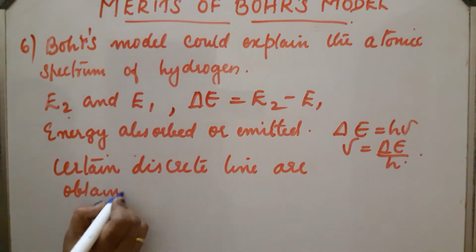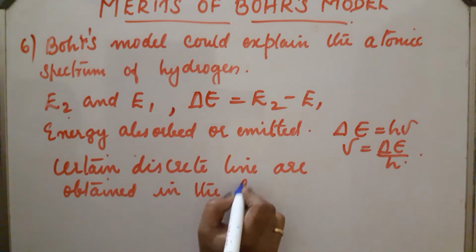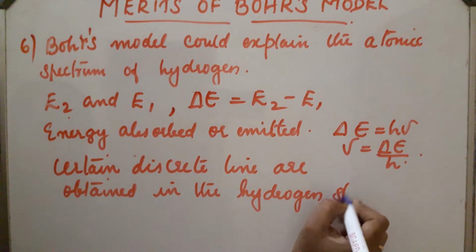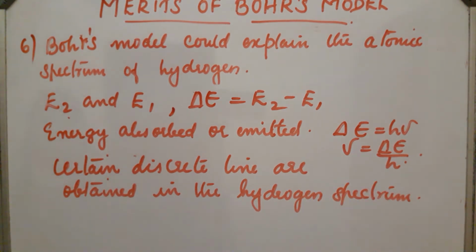Bohr's model also explained different discrete lines in the spectrum of hydrogen, because with a fixed nu value a particular line is obtained, so different lines are obtained in the hydrogen spectrum.